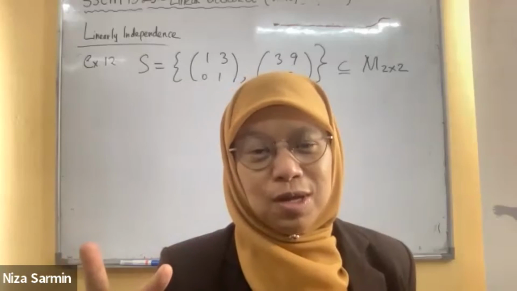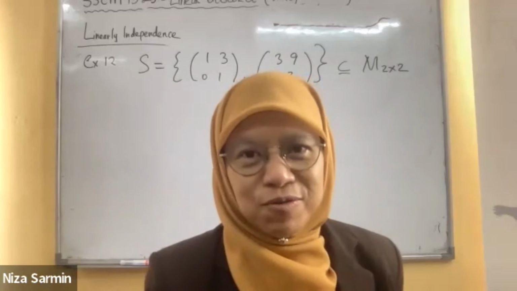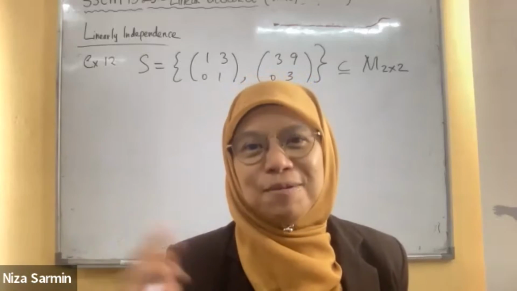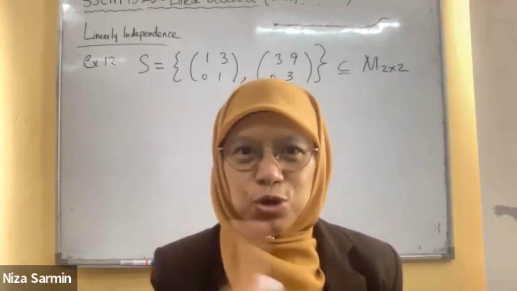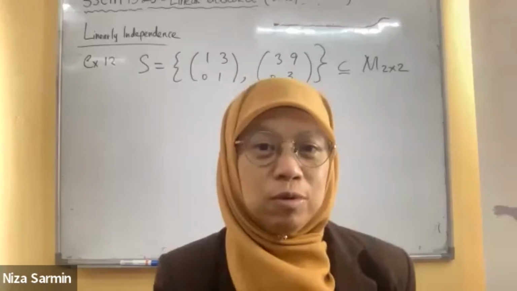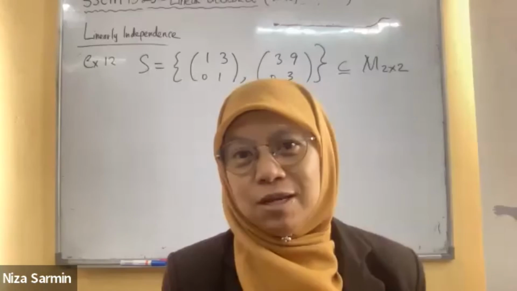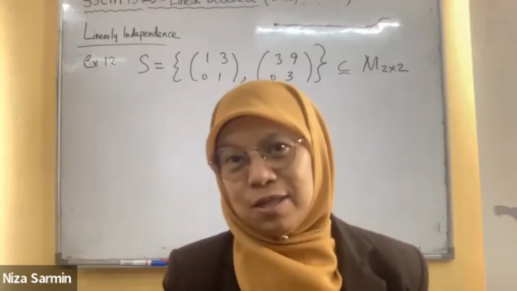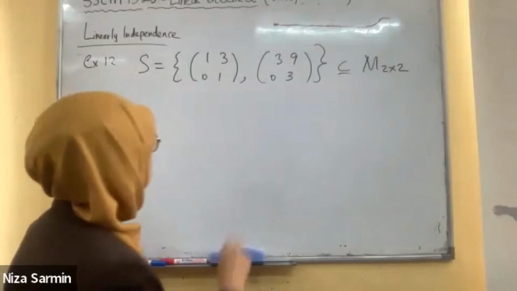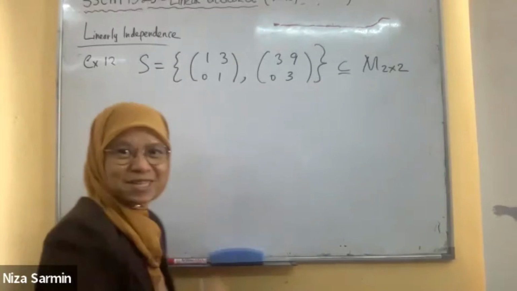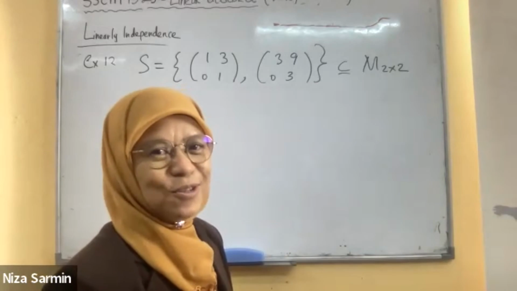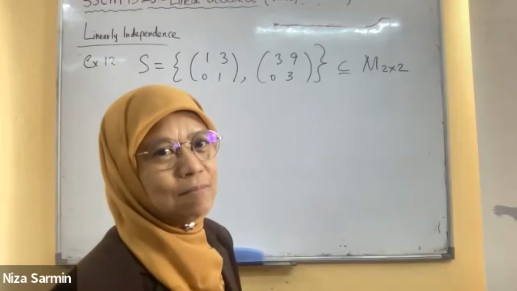If there are 2, one is not a multiple of the other one, it's independent. Okay, but you cannot use this because you have to prove in general, but that's a hint that you can think about. So this is actually 3 times this, right? So it is actually dependent.